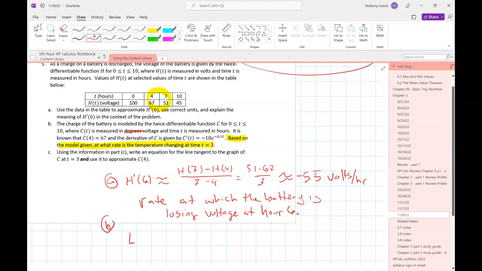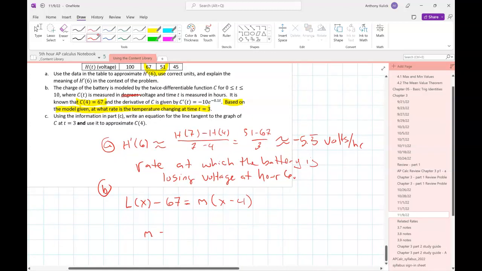The y coordinate is going to come from this piece that I know was part of C. And then to find M, I'm going to just use C prime of 4.